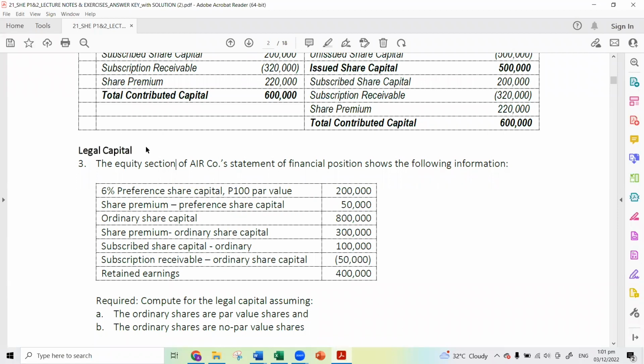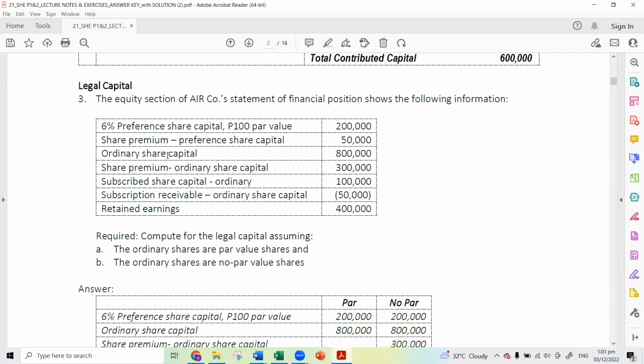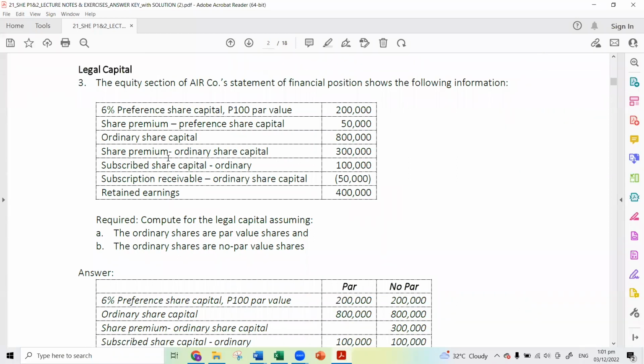So legal capital, again, this is based on the concept of your trust fund doctrine that states that the share capital of a corporation is a trust fund, meaning that it is held for the protection of its creditors. So legal capital is computed as follows.